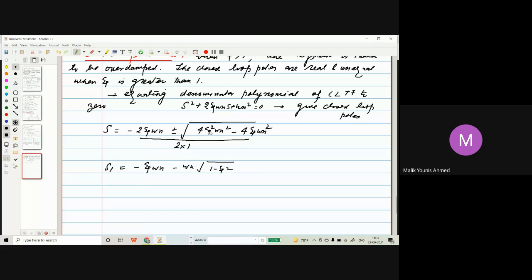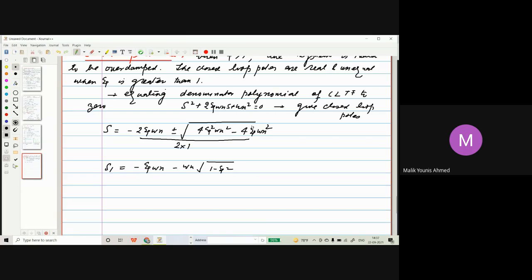You can take 4 omega n common, so 2 omega n will be outside. Then inside that will be xi square minus 1.